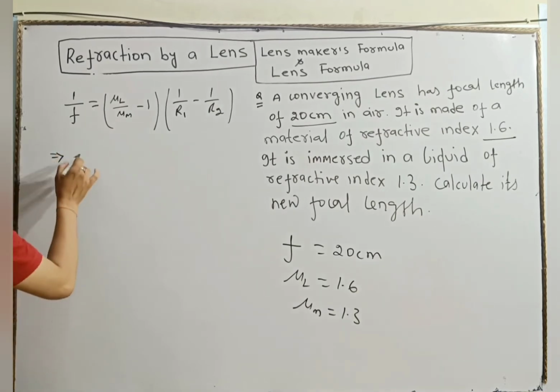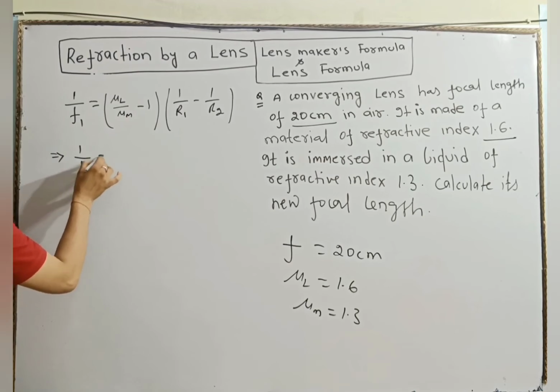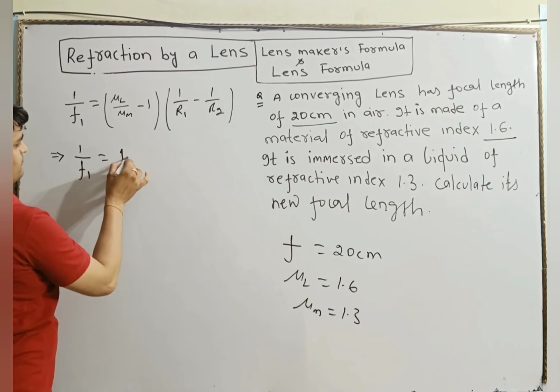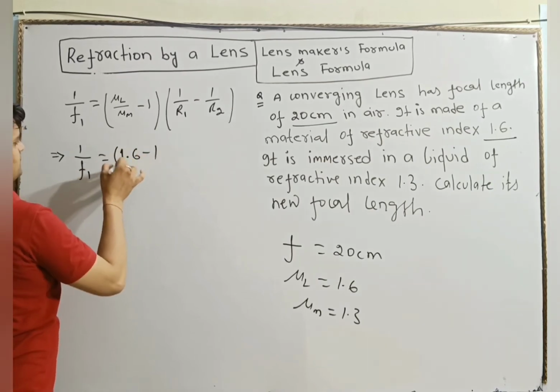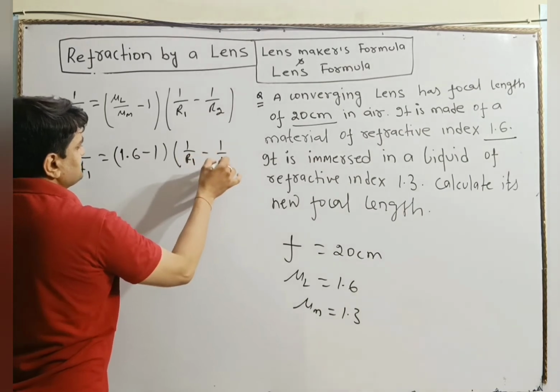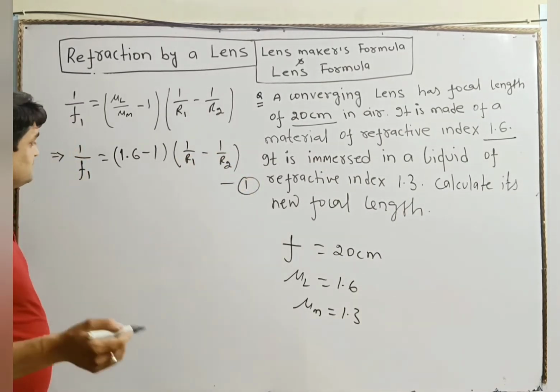Okay, we will put in last, let it f1. So 1 upon f1 equal to mu l, mu l is 1.6 minus 1 and it is 1 upon r1 minus 1 upon r2. Let it is equation number 1.